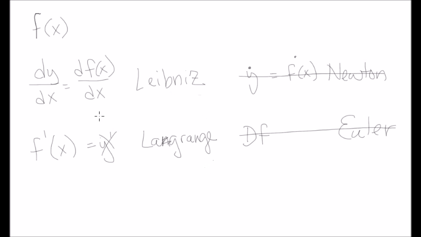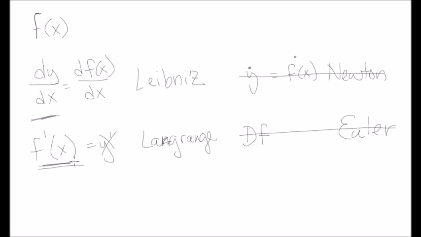Now, you might ask, why do these formulations of the notation for the first derivative persist? Why can't we just make up our minds about which one we should use? And the answer is a mix of the fact that both are very widespread and that each has times when it is helpful.